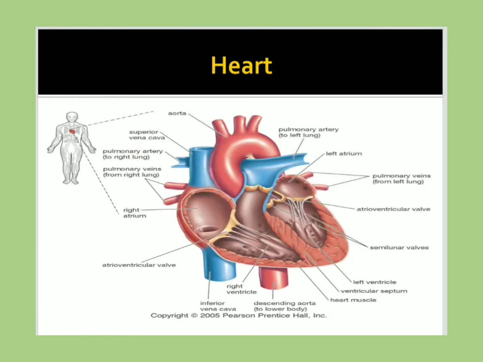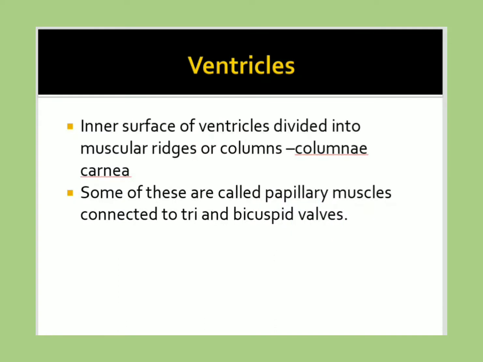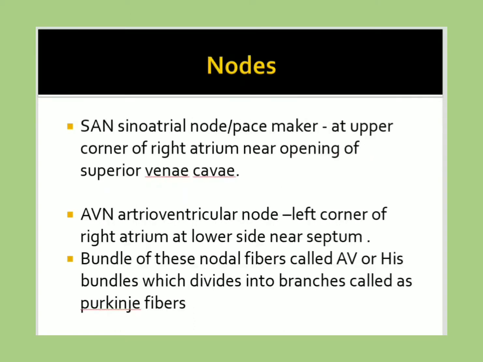The inner surface of the ventricles is divided into muscular ridges or columns called columnae carneae. Some of these are called papillary muscles.